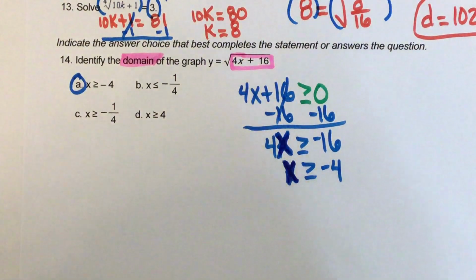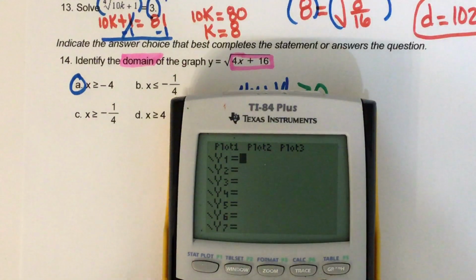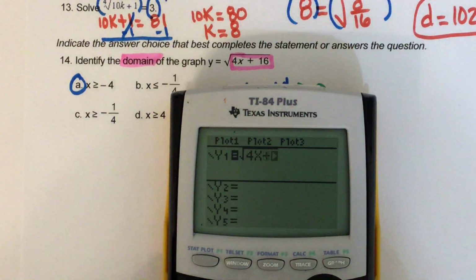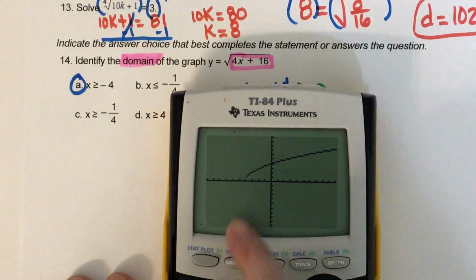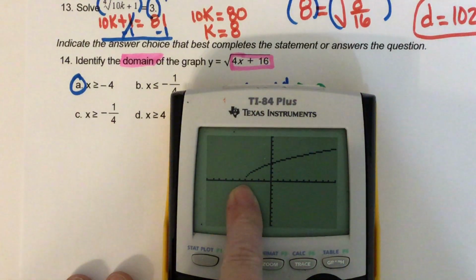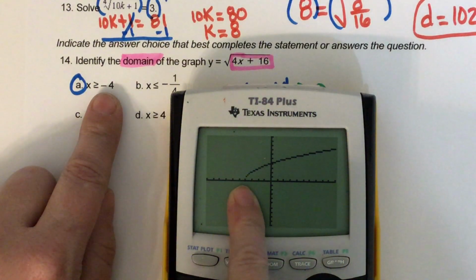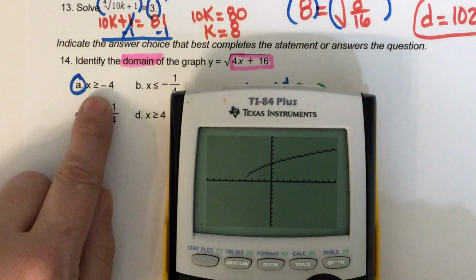Now, I could have graphed it, so I'm going to show you that too. Okay, so if I go to my graph, I'm going to put in the square root of 4x plus 16, and I'm going to hit graph. So right here, it looks like the x is beginning at -4, which is what we said, and domain are x's left and right, and this graph goes right, which means x's get greater.